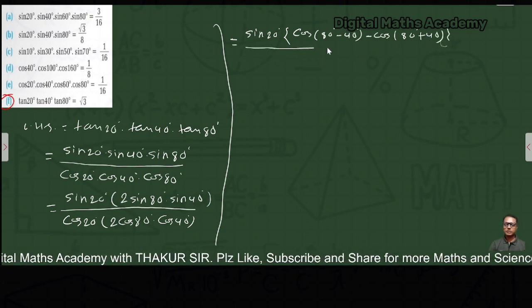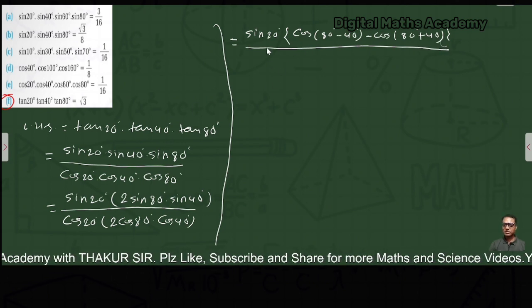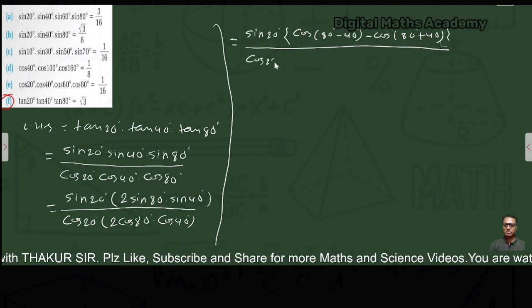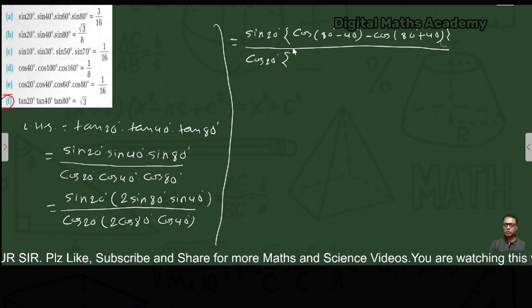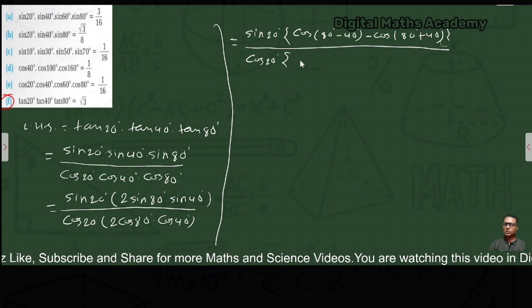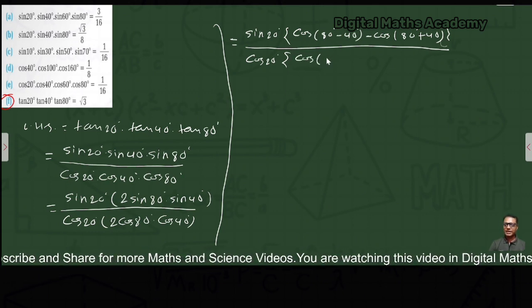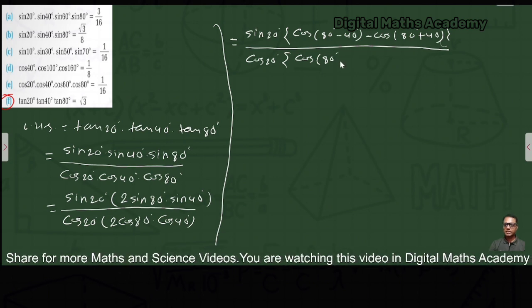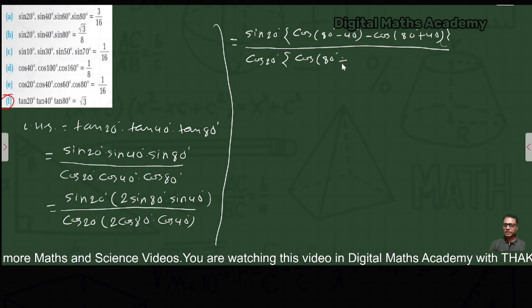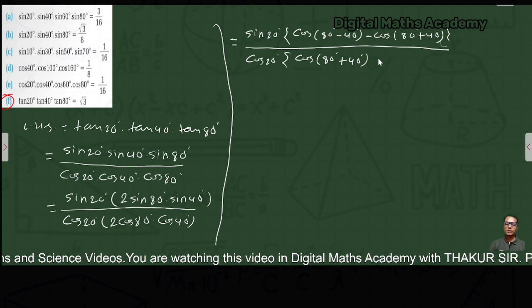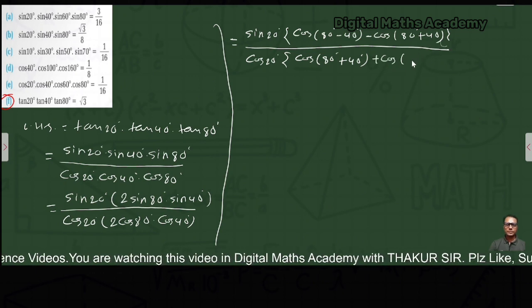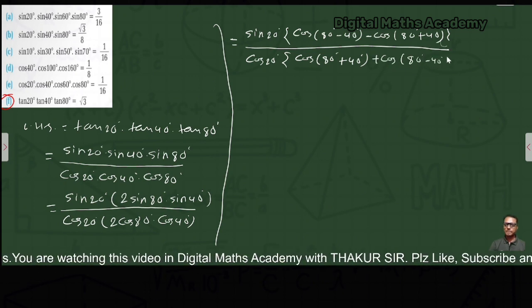Bracket close. Now we have here cos 20 degree, and again the 2 cos A dot cos B formula we are going to apply. So 2 cos A dot cos B equals cos (A plus B), 80 plus 40, plus cos (A minus B), 80 minus 40.